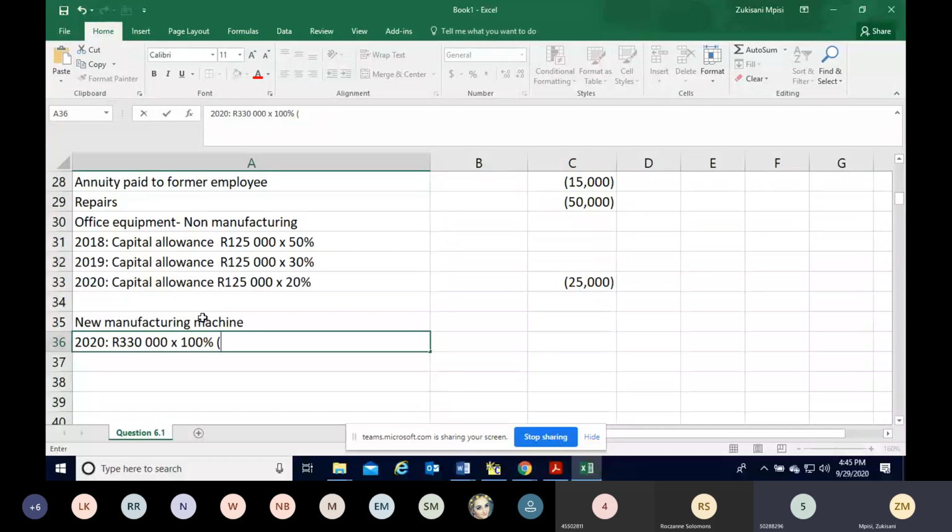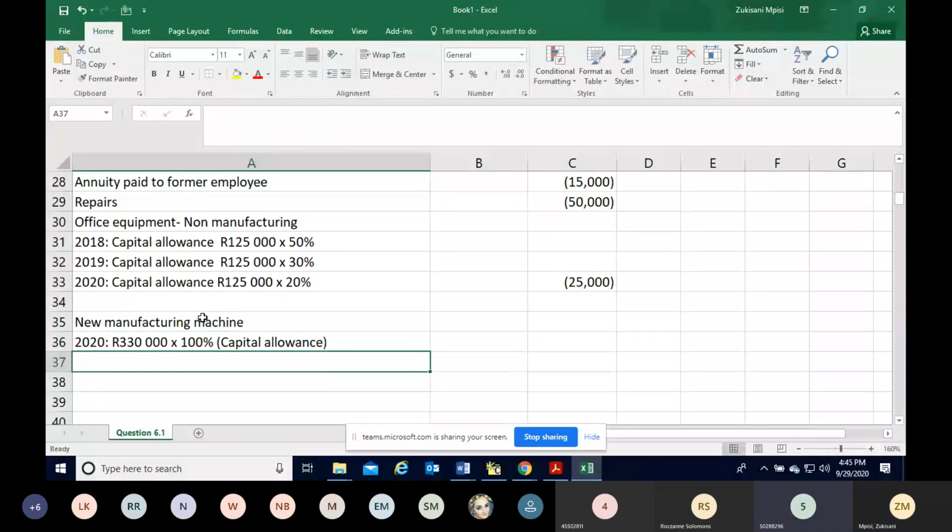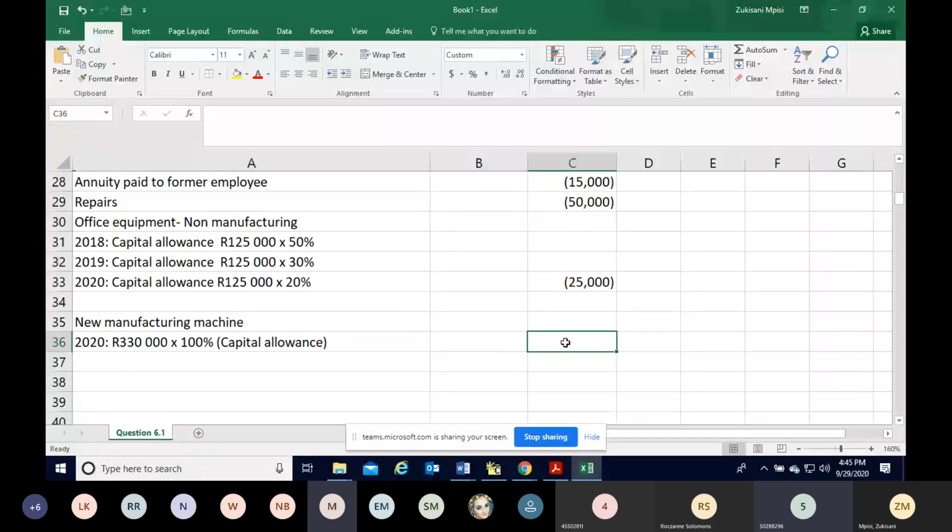Is that what your section 12E says? Oh, because it's a small business. Oh, okay. Because it's a small business corporation. Remember I said only 12E applies, nothing else, for all your capital allowances.